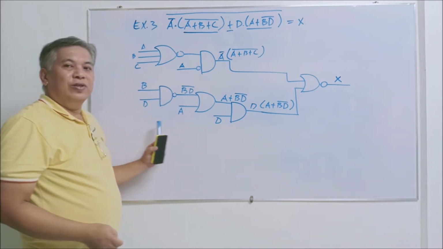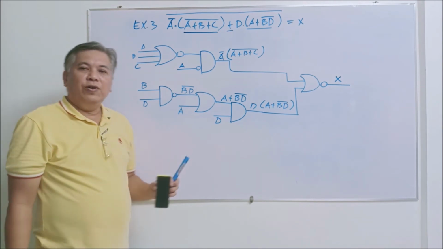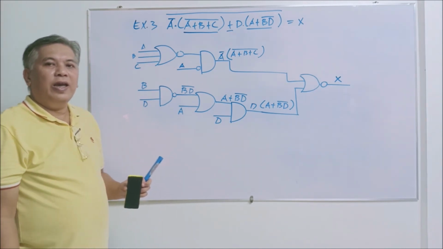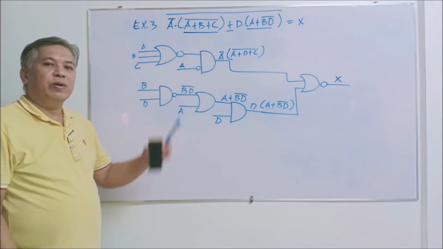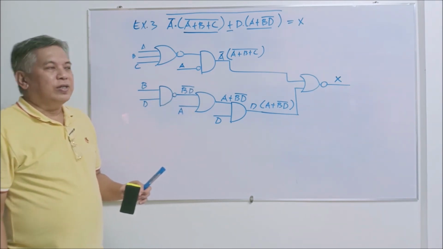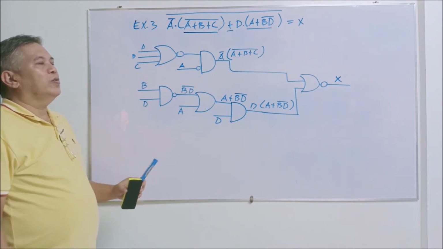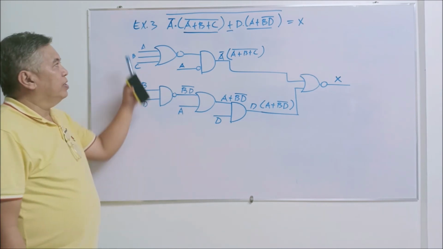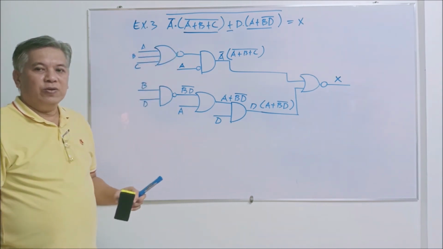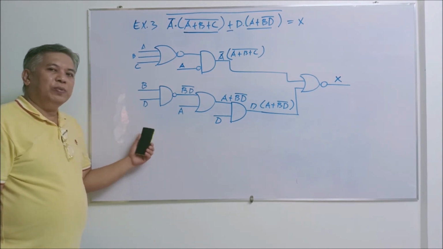For the truth table, we will not do it here because it is very long, because we have 4 inputs represented by A, B, C, and D. So we have 16 combinations from 0 to 15. Okay? So what is important is we know how to obtain the logical circuit equivalent of your Boolean equation. So we go back to our previous discussion.